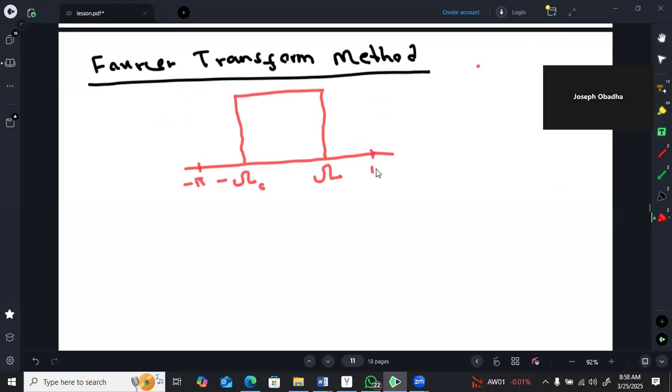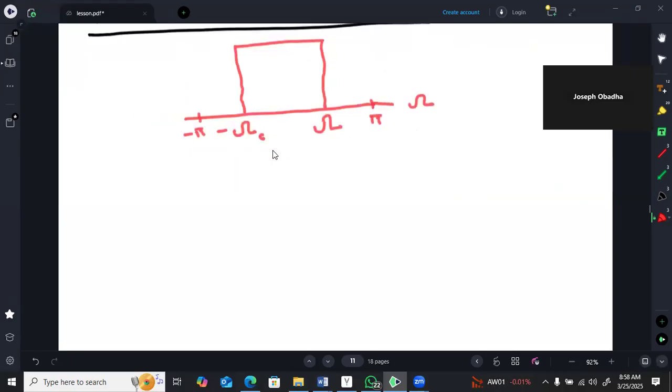So if this is what we desire, this is the frequency axis, then it will definitely repeat itself. If we were to continue plotting the filter characteristics to extend it to the other frequencies, we'll have similar ones periodically, which we are going to illustrate in a few minutes' time.